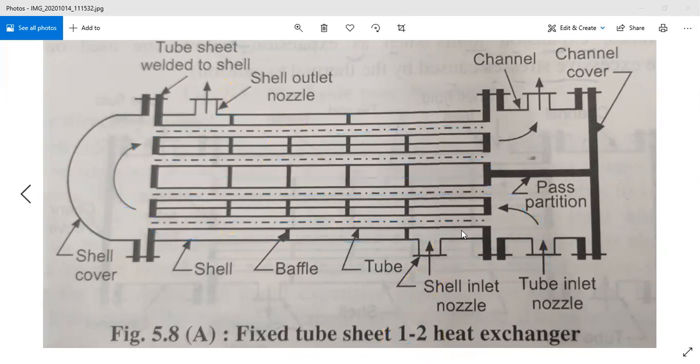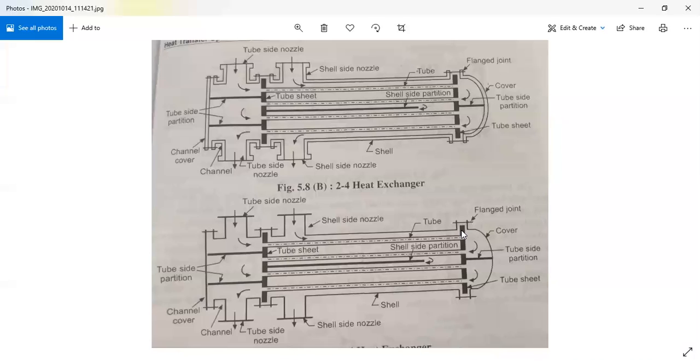Now in this diagram, you can observe there is more than one pass partition. So if you observe this diagram first, this is one pass partition and this is the second pass partition in the channel, right?